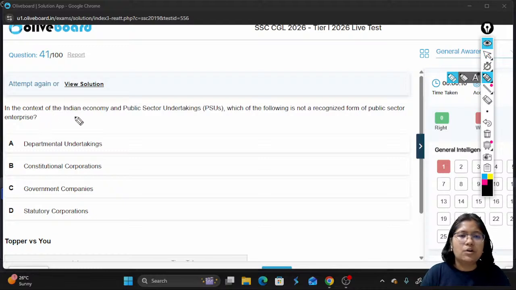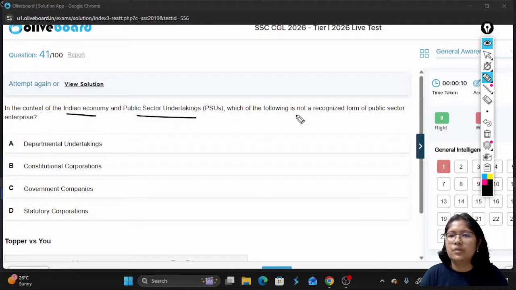In the context of the Indian economy and public sector undertakings, which of the following is not a recognized form of public sector? Okay, this we have just done. So we'll come to the next question.